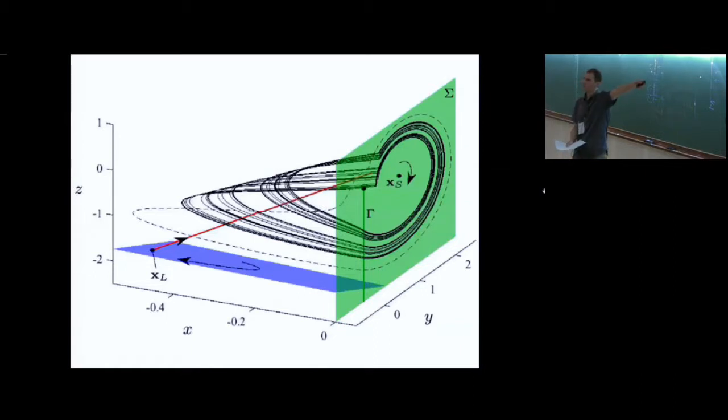So here's a phase portrait of 3-dimensional boundary equilibrium bifurcation normal form. I've chosen parameters so that the regular equilibrium is a saddle focus. So it's got a 1-dimensional unstable manifold, and it's got a 2-dimensional stable manifold with complex eigenvalues.